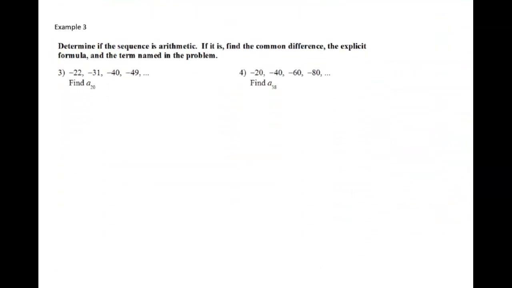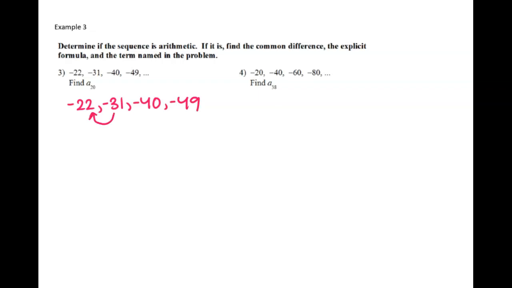So now we'll determine if the sequence is arithmetic, and if it is, we'll find the common difference, explicit formula, and the term named. So now we'll actually calculate the terms. So I'm going to rewrite it just so I can see it better. Negative 22, negative 31, negative 40, negative 49. Let's see if it's arithmetic.